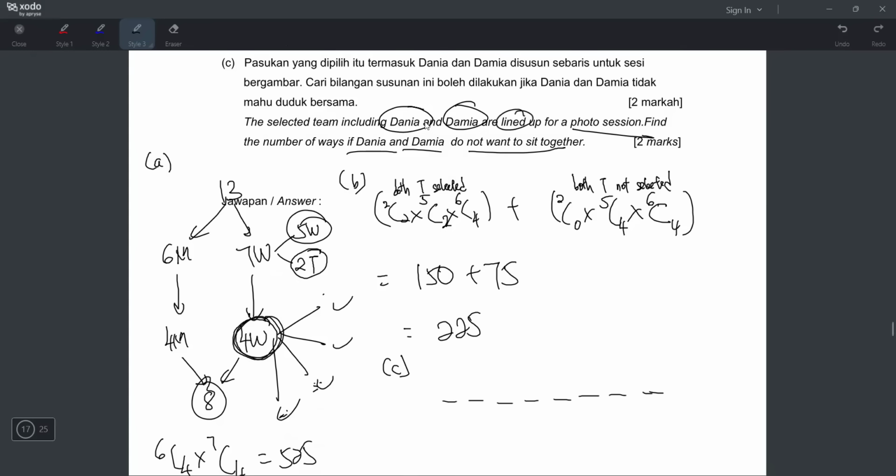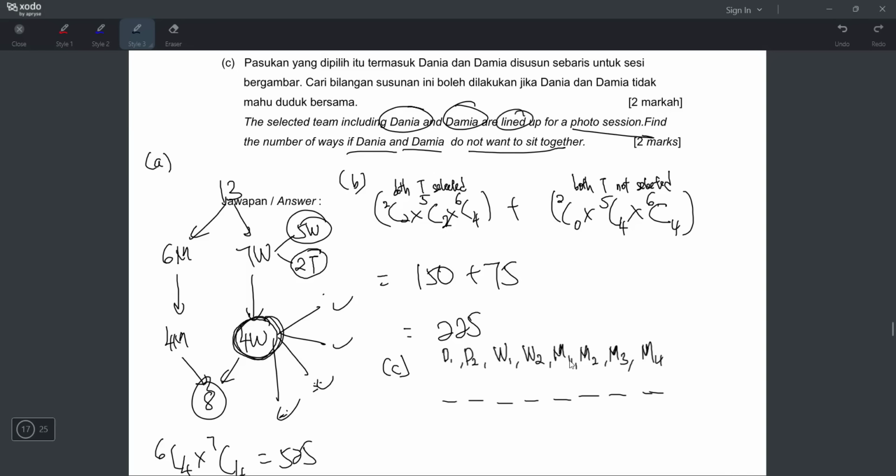So now you have Dania and Damia, and then how many women? So you have woman number 1 and woman number 2. And then the rest are all men 1, men 2, men 3, men 4. Understand, right? This is the result of the selection.